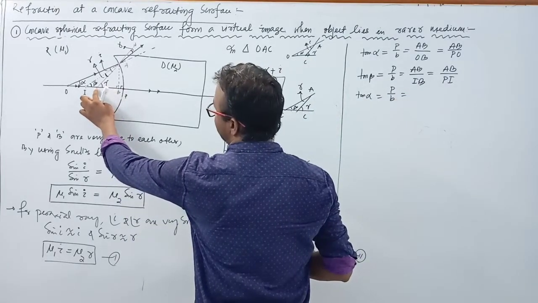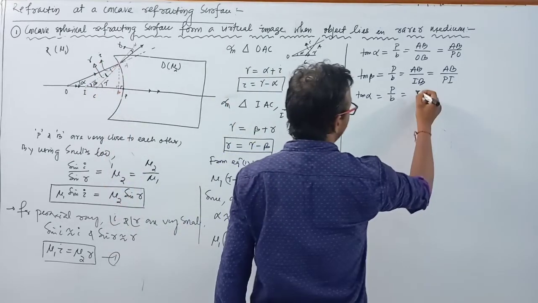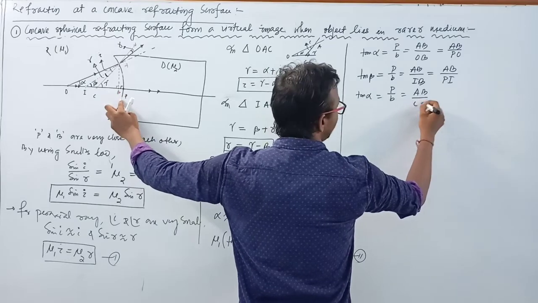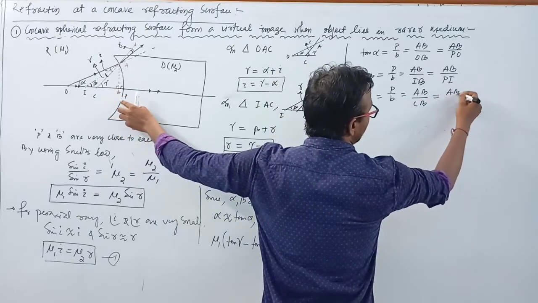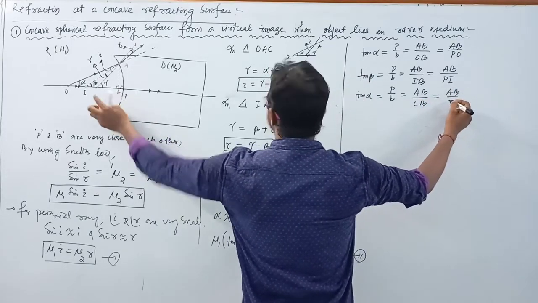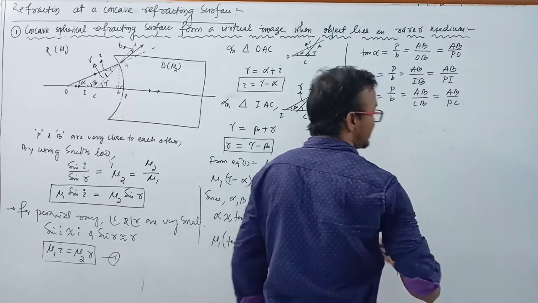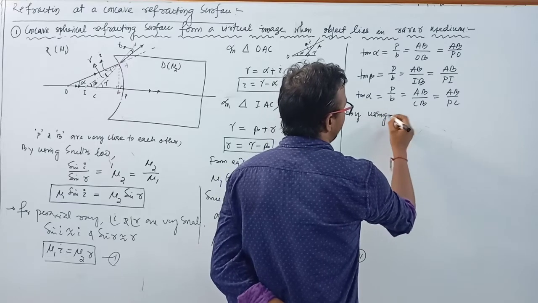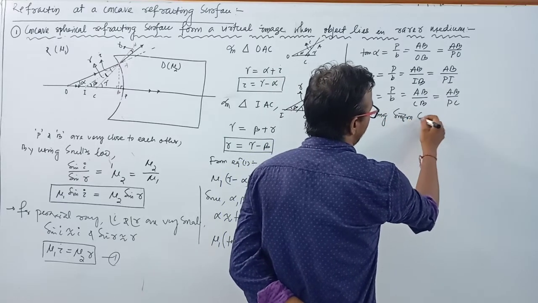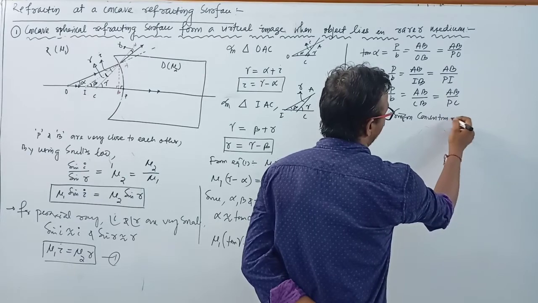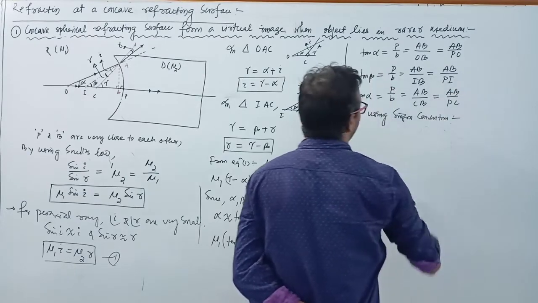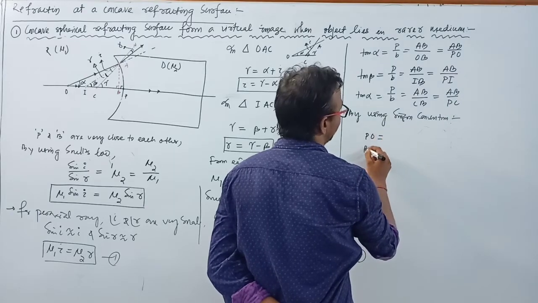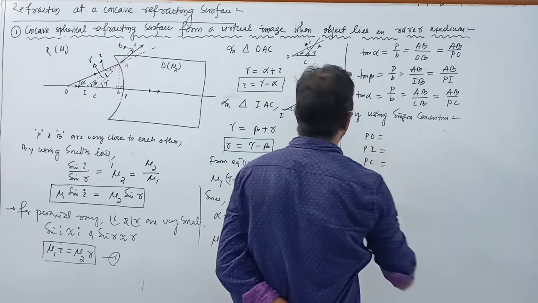This angle gamma is the base angle, this is the base, and the perpendicular is AB. So it equals AB by CB, or we can write AB by PC. By using the sign convention in the above relations, we have to find PO, PI, PC.